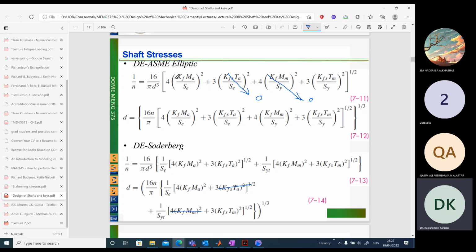So we have these two terms here, and we have to determine Se. Sy we are given, but we have to estimate the Se value. We have the diameter. We will consider the smaller diameter here and then evaluate what is the factor of safety.